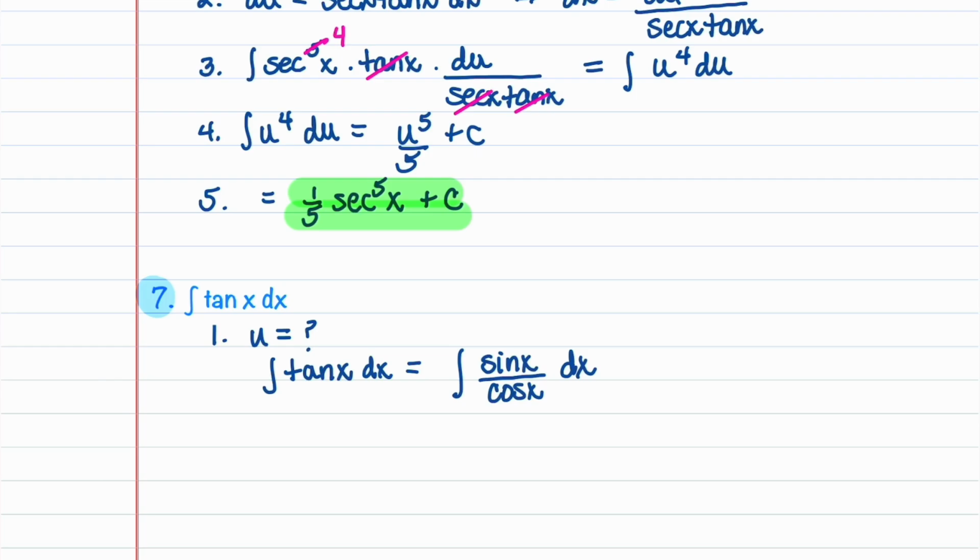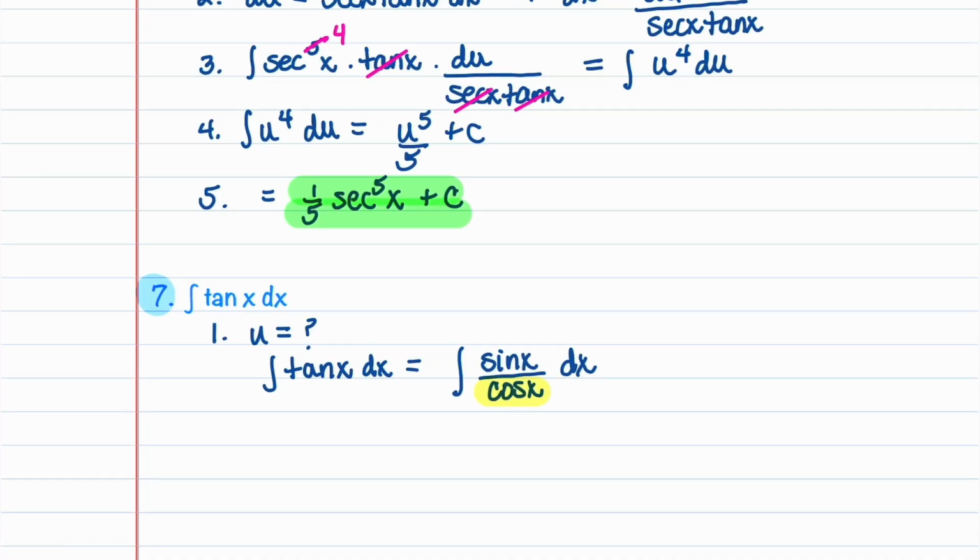Now we have two functions, and we can pick one to be u. We want to choose u to be the function whose derivative is in the integral. So we're going to let u be equal to cosine x, because the derivative of cosine is minus sine, and that is sitting up in our numerator.